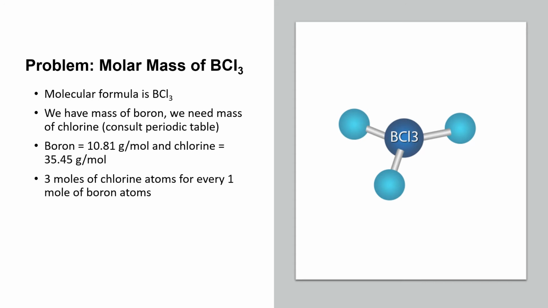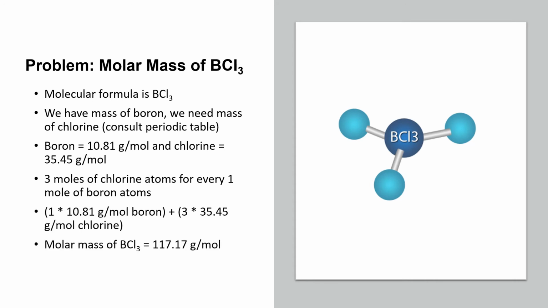Notice that the blue center here would be boron, and then these lighter blue molecules that are bonded to boron are chlorine molecules. This means that there are 3 chlorine atoms for every 1 boron atom, and that there are 3 moles of chlorine for every 1 mole of boron in this molar quantity.